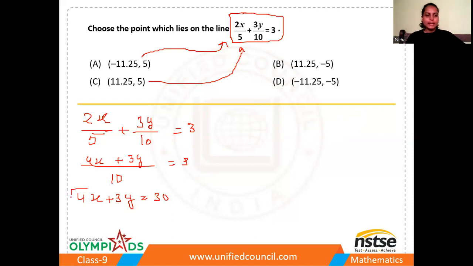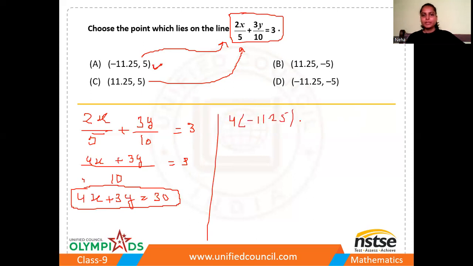So now I can convert this equation to a simple form. Now I can just go with the options. Let me go with option 1. Let's suppose this point lies on the line, then it becomes 4 into minus 11.25 plus 3 into 5, correct? So it should be equal to 30, right?